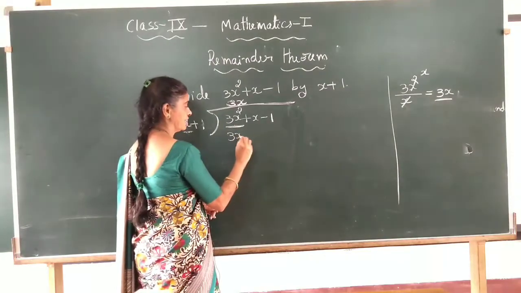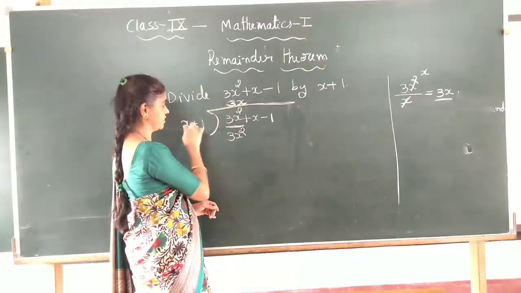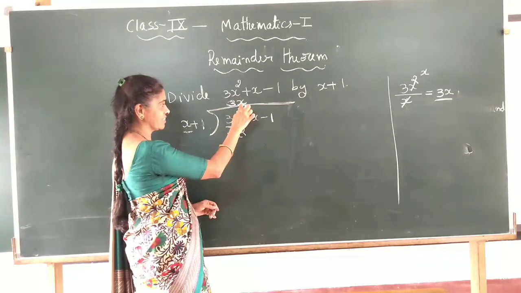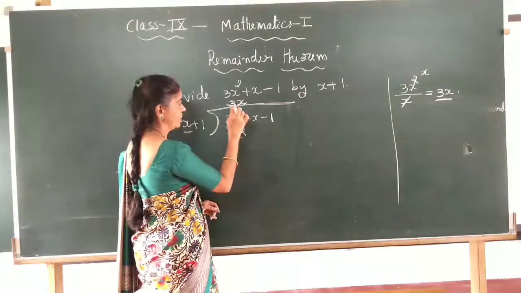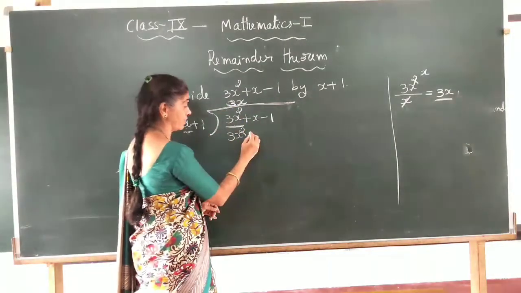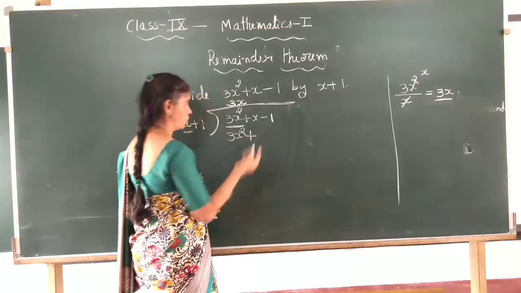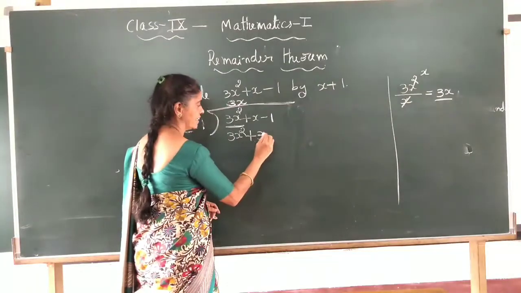So 3x square, x into x, x square, 3 is there, 3 written. Now 3x into 1. The sign is written first. It is plus, it is also plus. Which sign will come? Plus into plus, plus. No problem. 3x into 1. 3 ones are 3 and x is there.